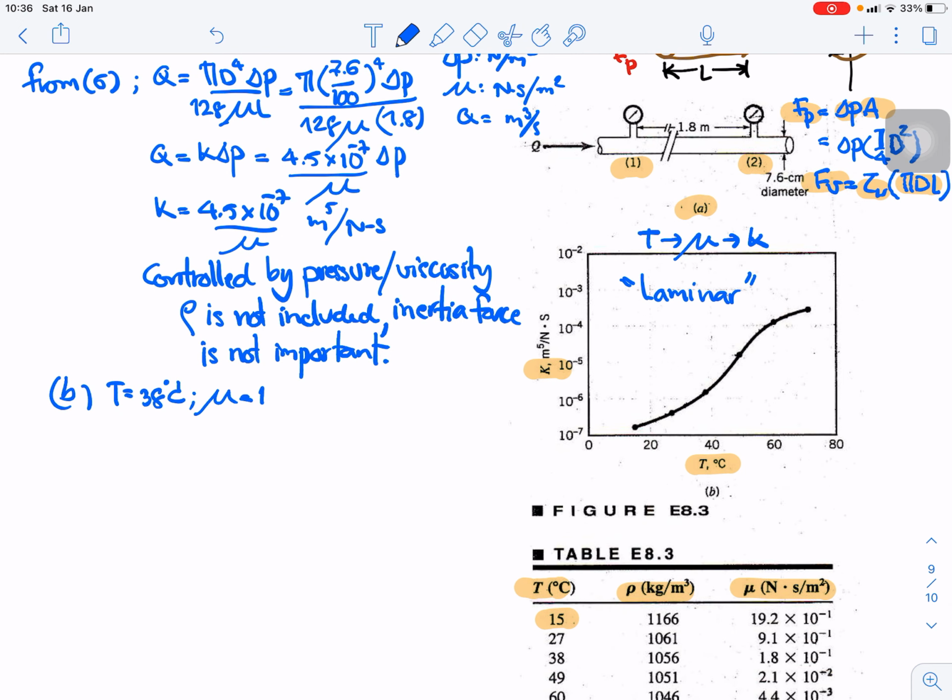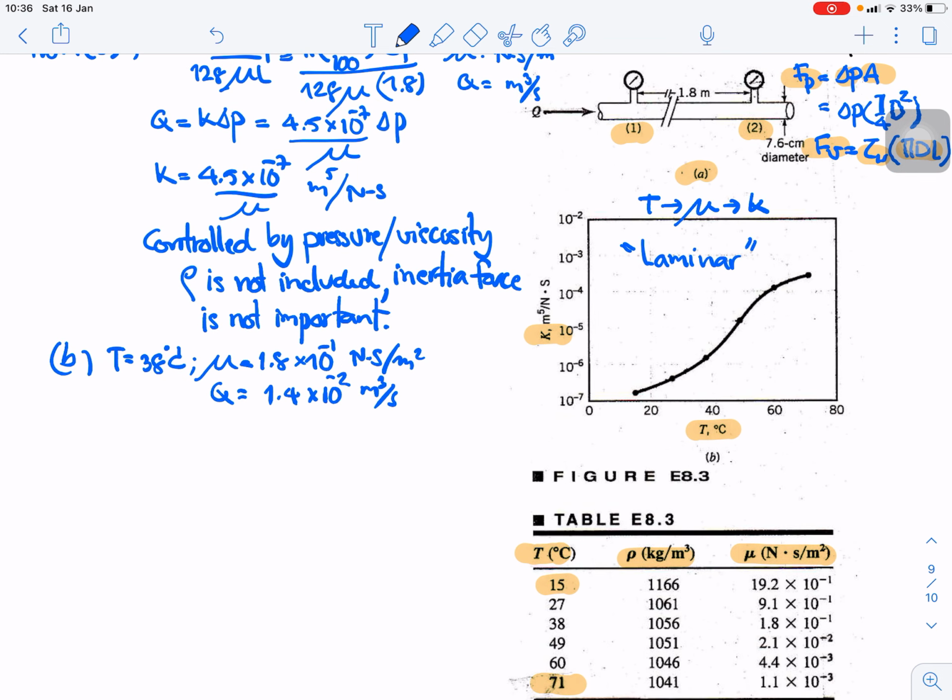Mu is 1.8 times 10 to the power minus 1, and given Q is 1.4 times 10 to the power minus 2. From equation 6 we can find delta P, which has 128 in the numerator.